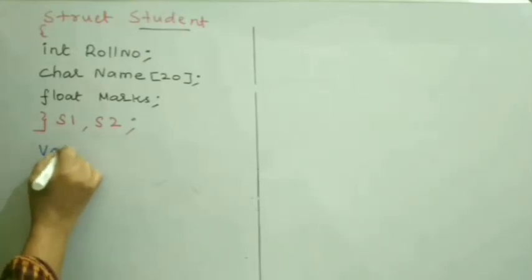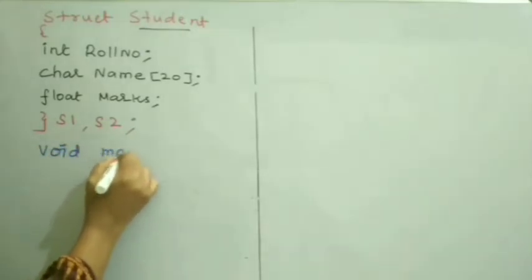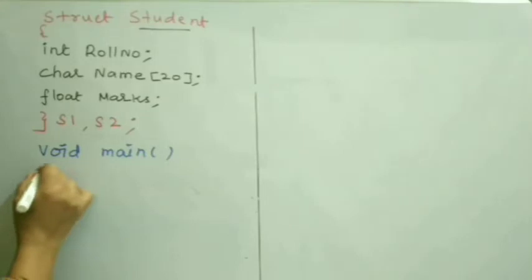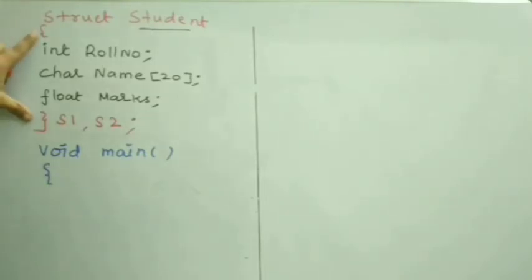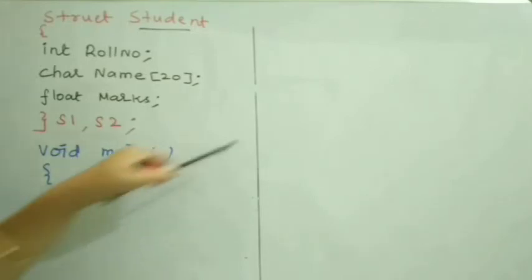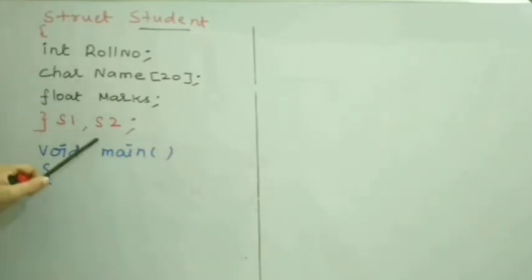For example, if I am writing a main function, the structure definition may be included either within main or outside the main function. If I declare the structure outside main, anywhere within my program I can access it. If I define the structure within the main function, only there can I access the structure.